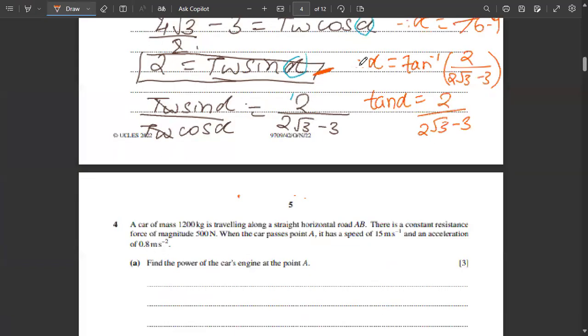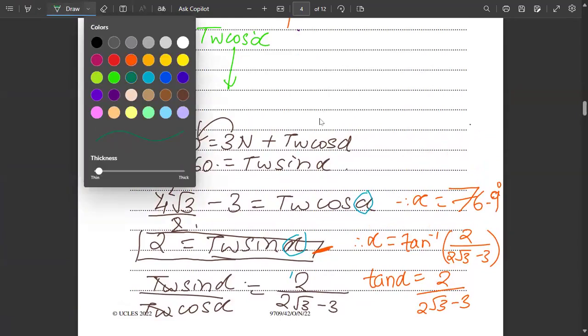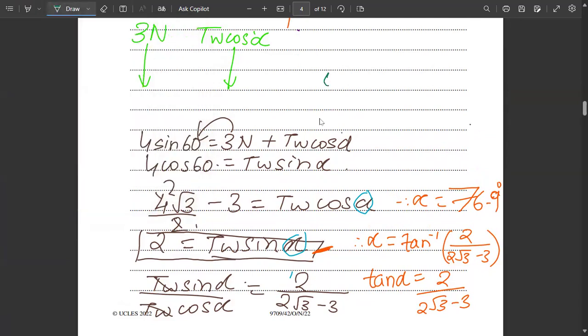And now that we have alpha, and we also have the equation 4 cos 60 is TW sine alpha, we can input 76.9 in place of alpha and we'll get the value for TW.